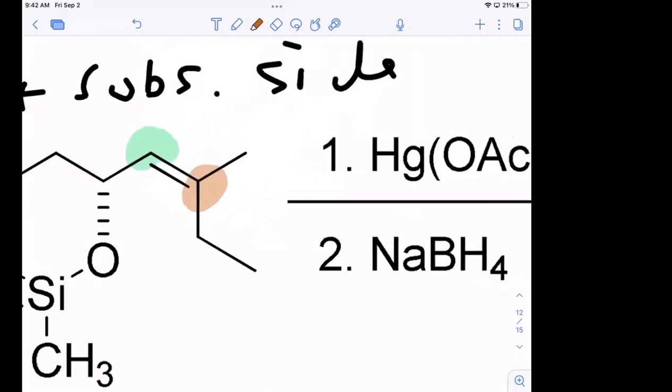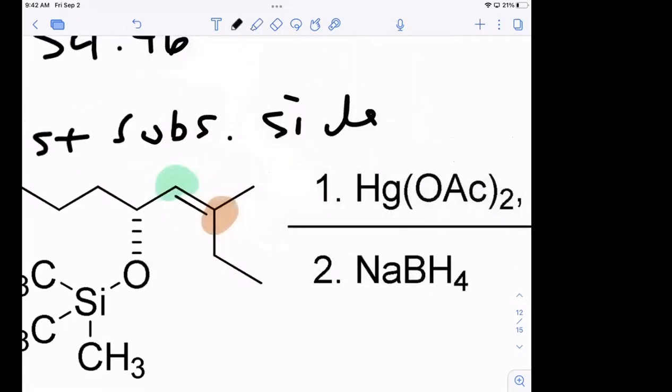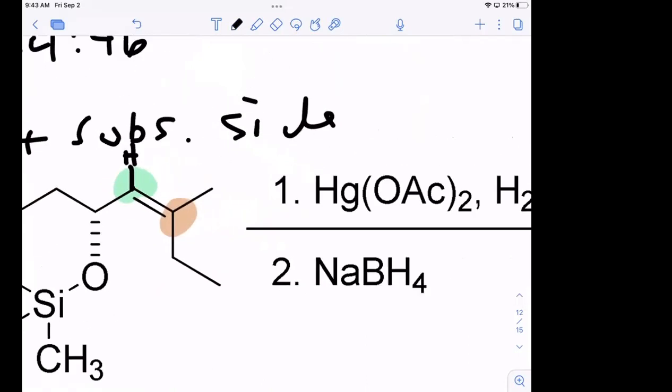I could tell that there's some trepidation about that idea of substitution on an alkene. The most basic way to tell is to count the number of hydrogens on each carbon in the alkene. The carbon on the left that's in green has one hydrogen attached to it. The carbon on the right has no hydrogens attached to it. It has only carbons. So this side is more substituted.